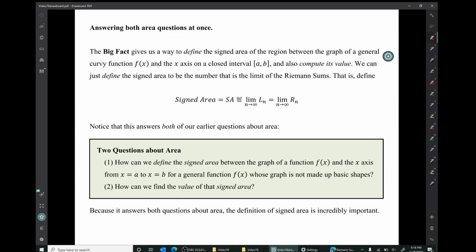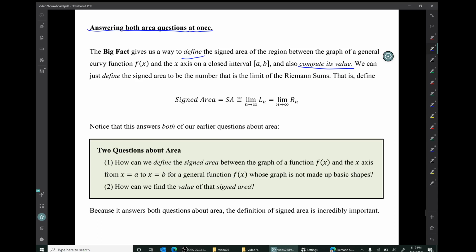Well, that big fact gives us a way to define the signed area of the region between the graph of a general curvy function and the x-axis on a closed interval a b, and also to compute its value. So that answers both area questions at once. Remember, the area questions were, how do we define the area between a curvy region and the x-axis, and how do we compute its value?